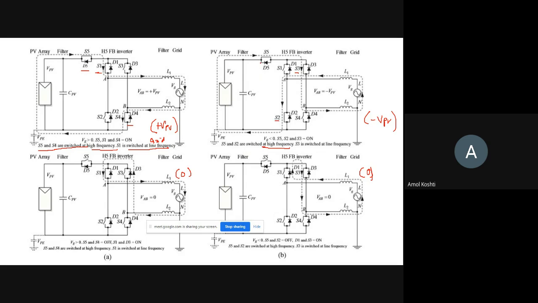The switching losses which take place in this H5 inverter topology will be more than the switching loss in the normal H bridge inverter. Why is the switching loss high here? Because one more switch is added.